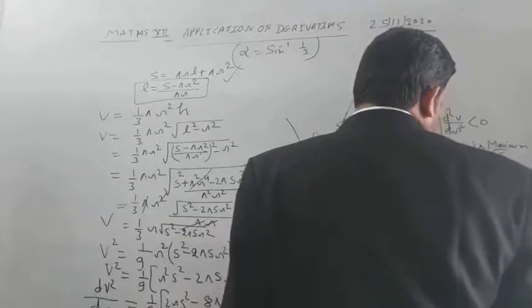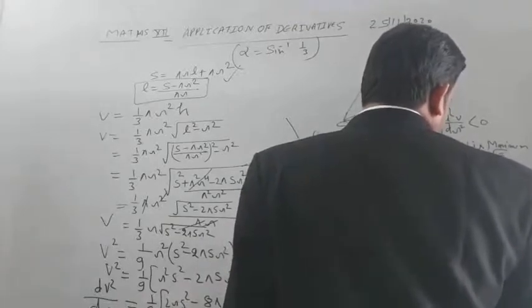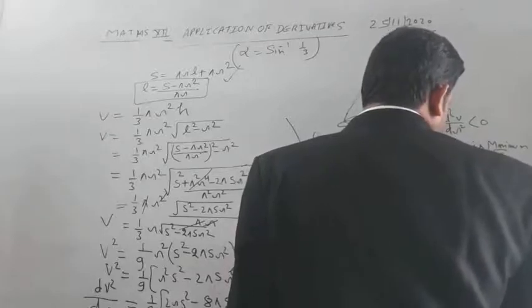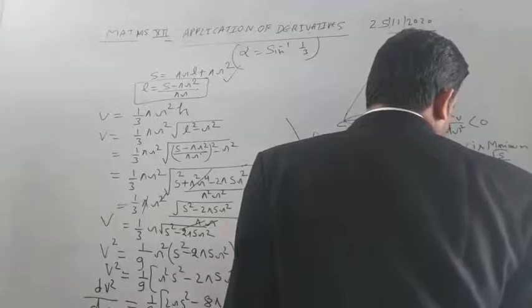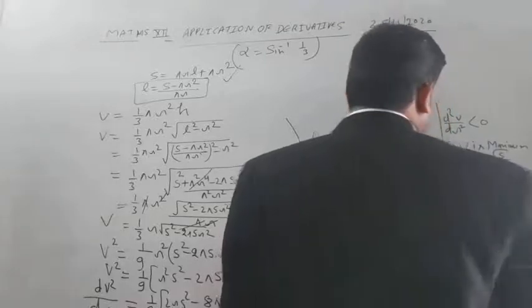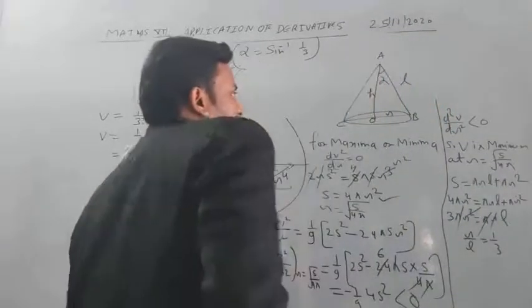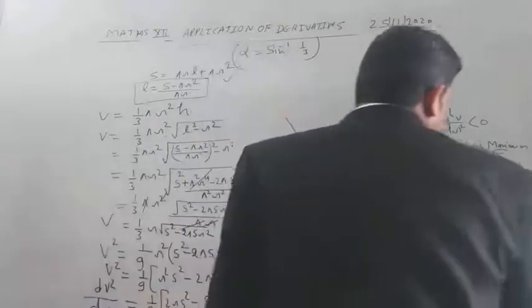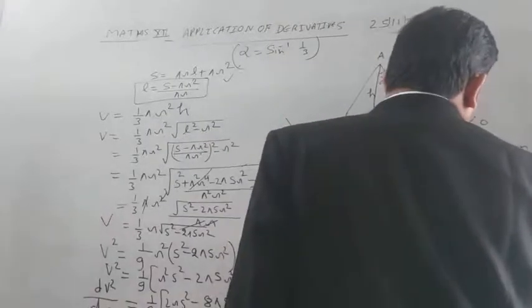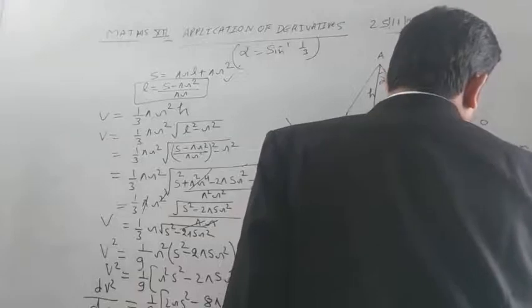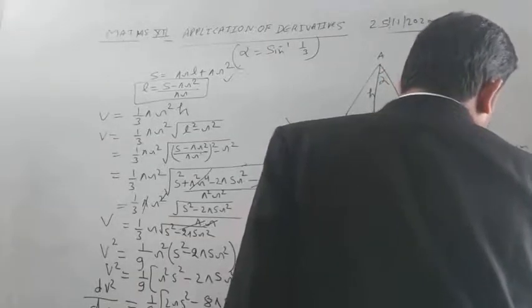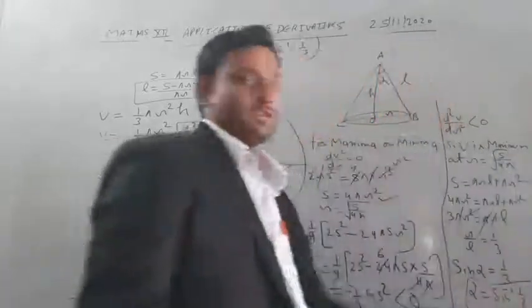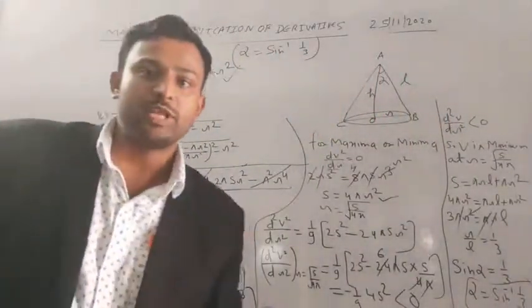After subtracting we get 3 pi r square equal to pi r l. Pi and pi cancel, r and r cancel. So r by l is equal to 1 by 3. And this r by l is sin alpha, which is 1 by 3. So alpha is sin inverse 1 by 3. This is what we have to prove.